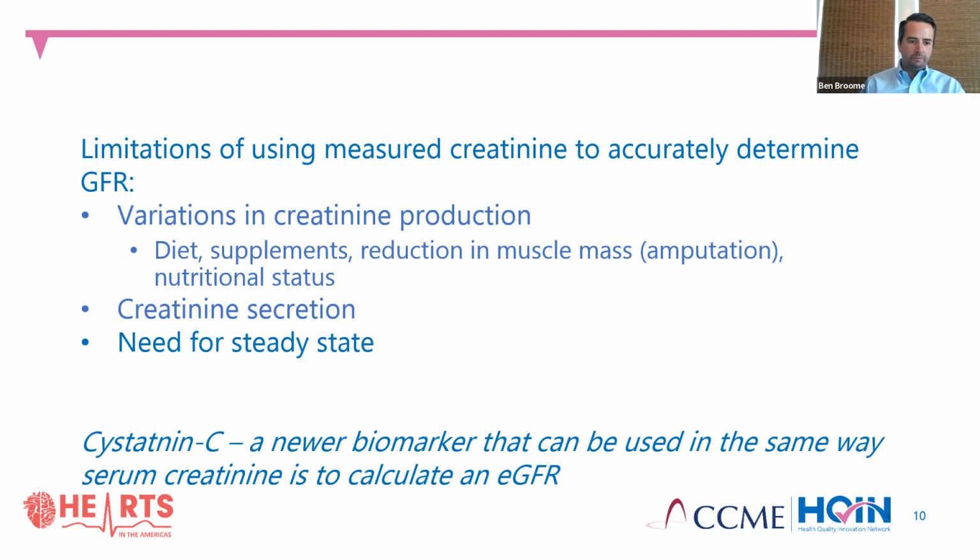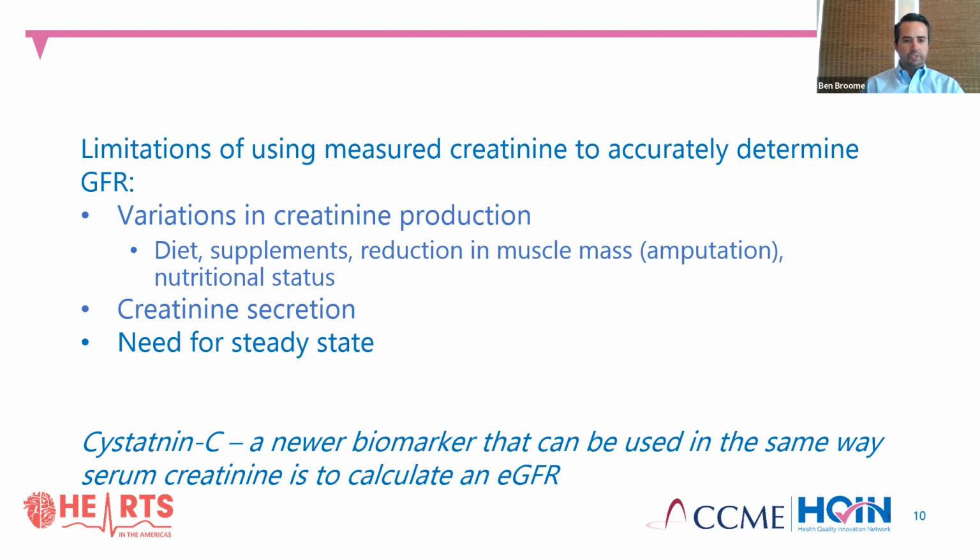And then some of you may have heard of cystatin C. It's a newer biomarker that's becoming more readily available, more used. It works in very much the same way. It's thought to be, I believe, less secreted and may not have as much variability from person to person due to some of the things I mentioned above in this slide. So if you ever see one or hear of that, that's why.